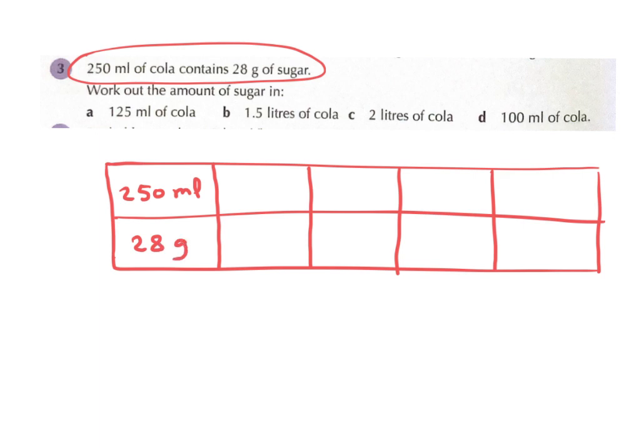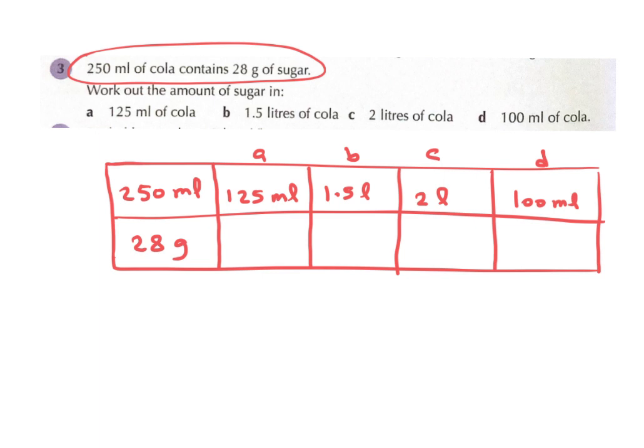I need to find the amount of sugar in the first one, 125 milliliter, this is for A; 1.5 liter for B; 2 liters for C; 100 milliliters for D.